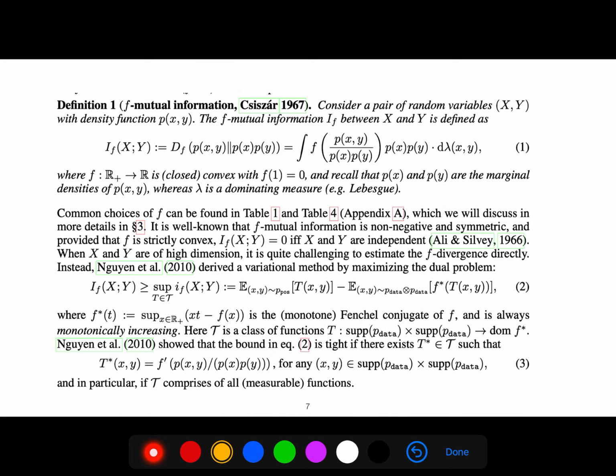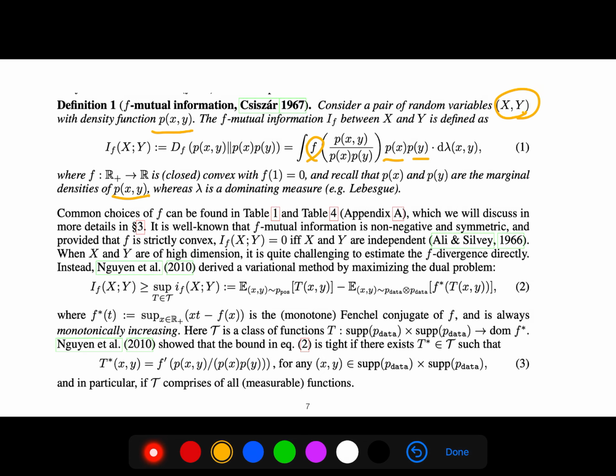So if you consider a pair of random variables x and y with density p, the F-mutual information between x and y is this integral. But f here is a convex function, and p_x and p_y are the marginal distributions of this probability distribution.